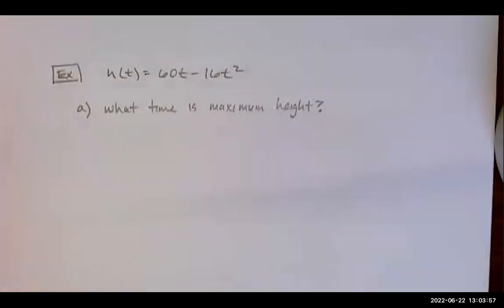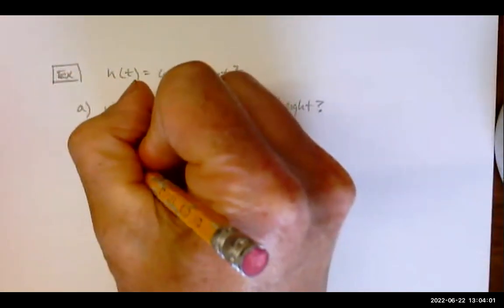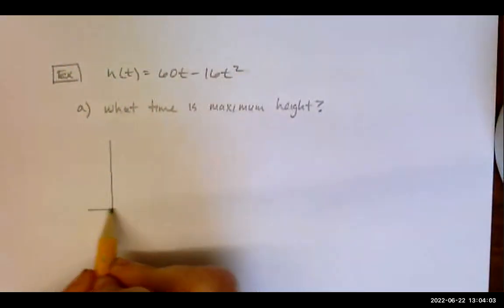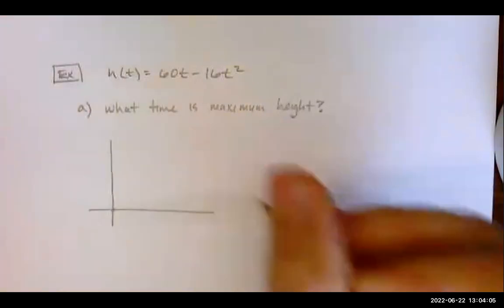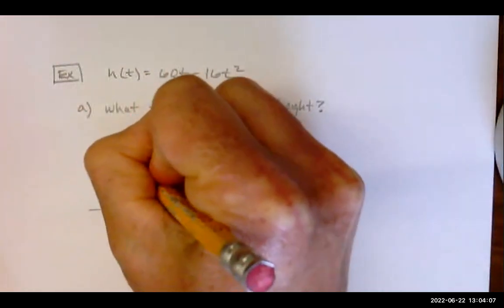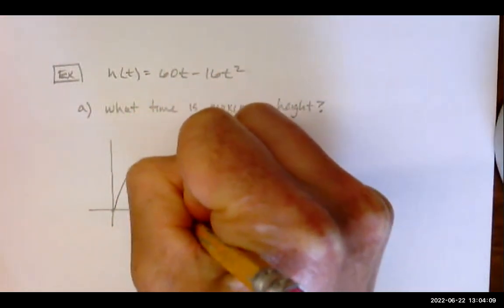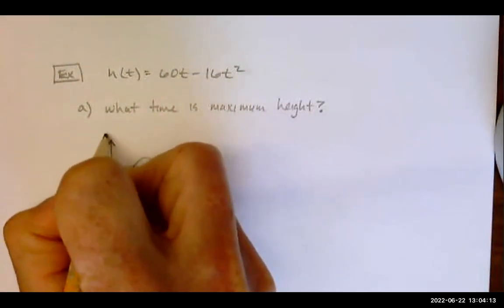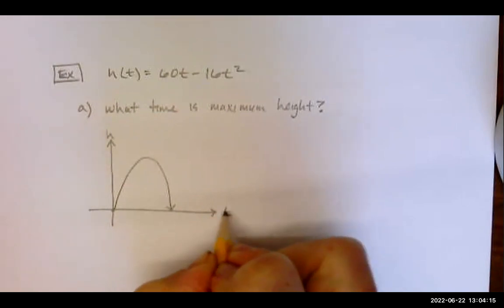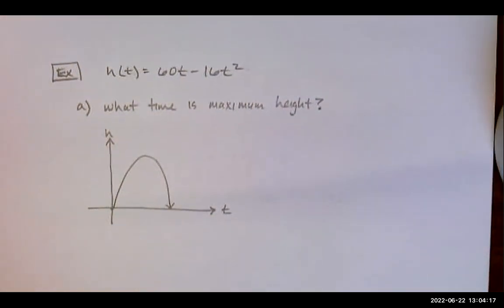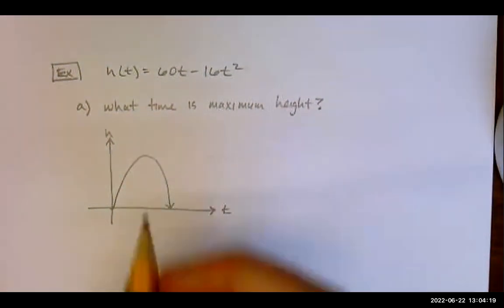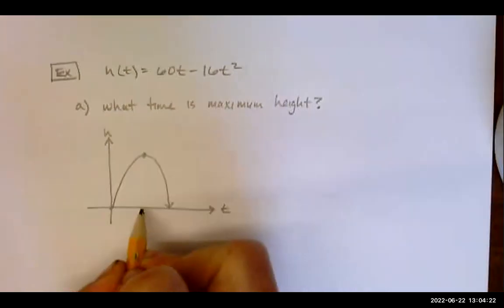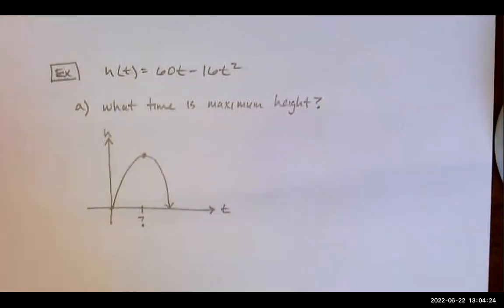Essentially that question. Okay, so what's happening? It's this shape like so, where this is the height and this is time. So we're thinking, what time does that maximum height occur?